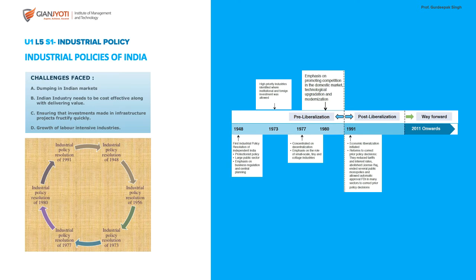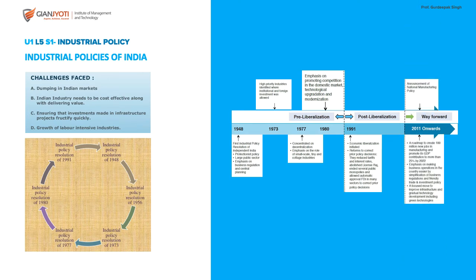We abolished the license Raj, and the public sector which was not doing well, we tried to contract. That means we wanted to either stop them or reduce their size. And we wanted more foreign direct investment in a lot of sectors so as to grow.